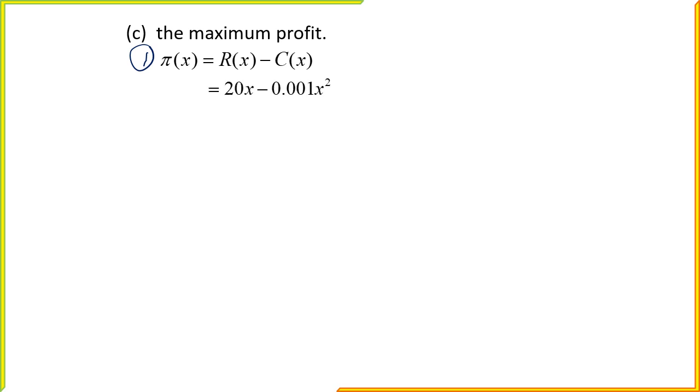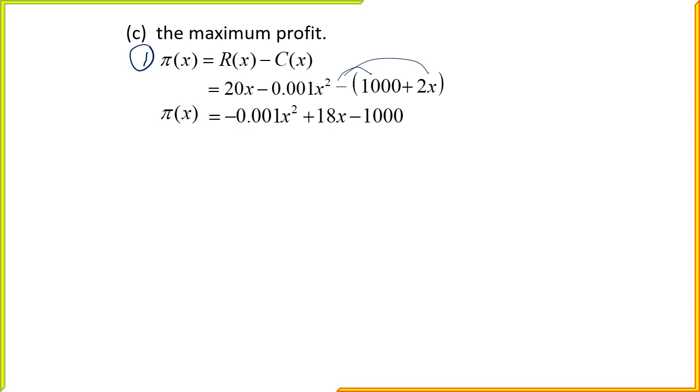So the revenue function is 20x minus 0.001x squared, minus the cost function we found in part A, which is 1000 plus 2x. Expanding the negative, we get negative 0.001x squared plus 18x minus 1000. So this is the profit function.